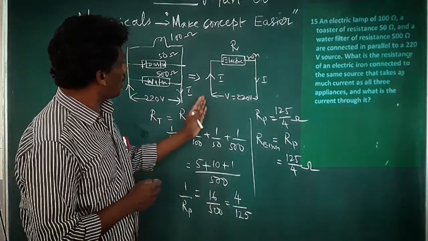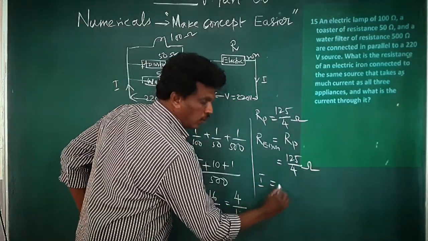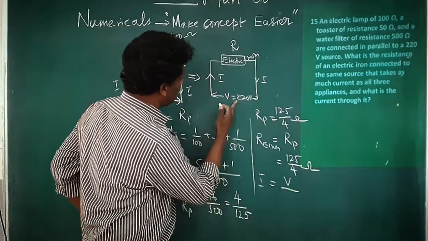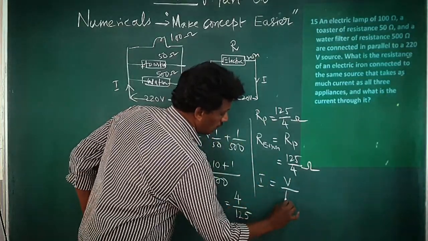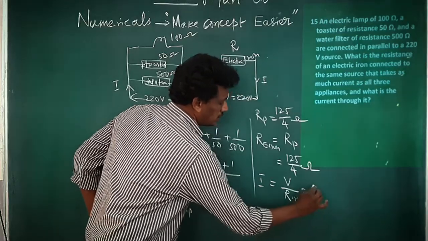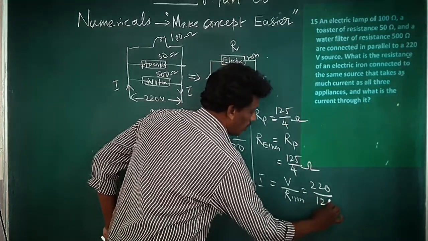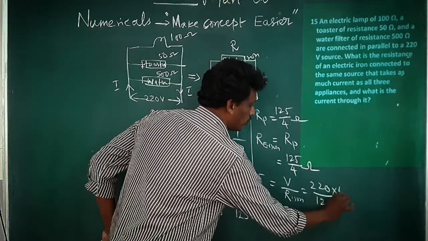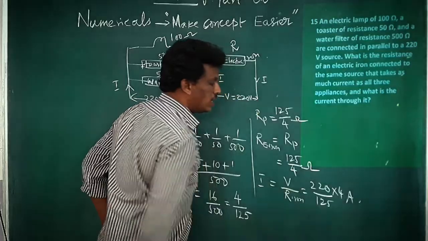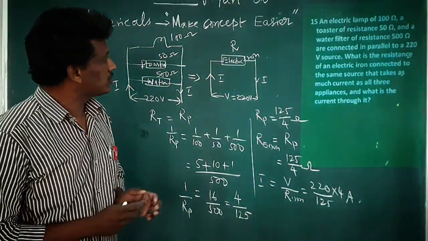The current through it is the same I. By Ohm's law, I equal to V by R iron, because here also it is 220 volt, parallel. So V is 220 volt divided by 125 by 4. So 4 will come. This is the ampere you are getting. Try to understand the concept.